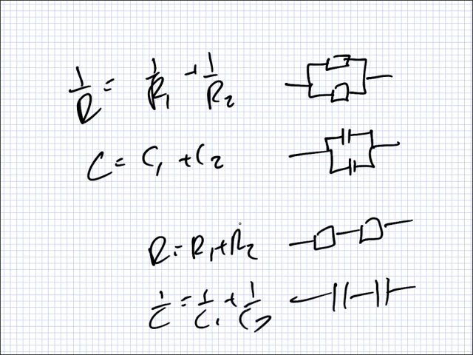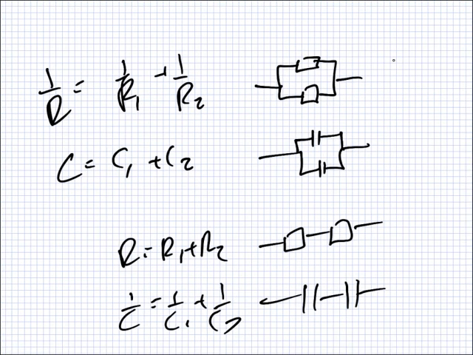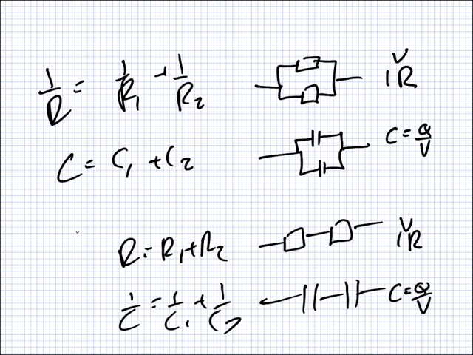Be careful. Yeah? When we did resistors, we had V equals IR. And today, for the capacitors, we have C equals Q over V. What would be the formula? QCV.